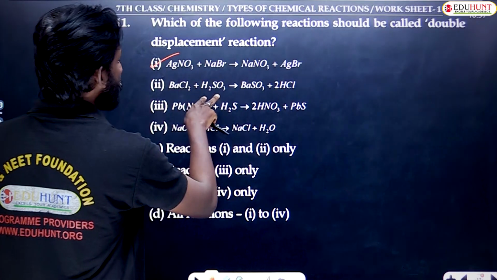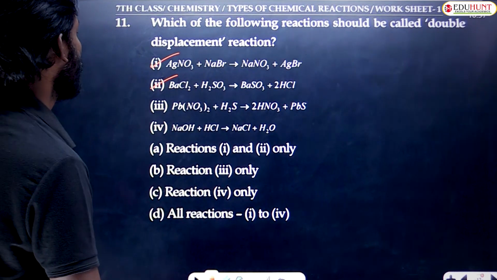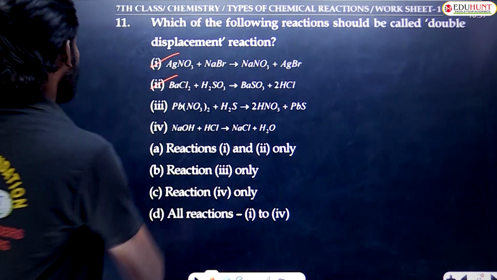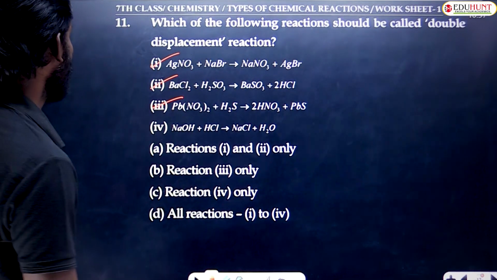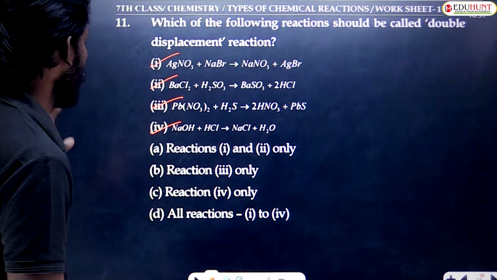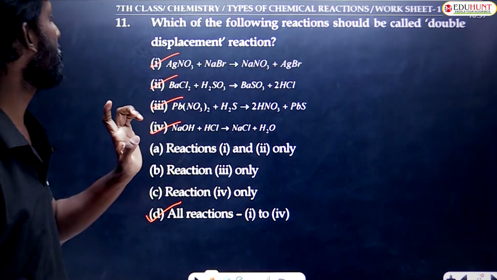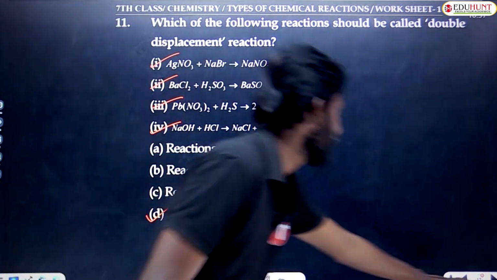BaCl2 and H2SO3 give BaSO4 and HCl, double displacement. And BaCl2 and H2S, yes, double displacement. NaOH and HCl, double displacement. So for the 11th question, all options 1 to 4 are double displacement reactions.